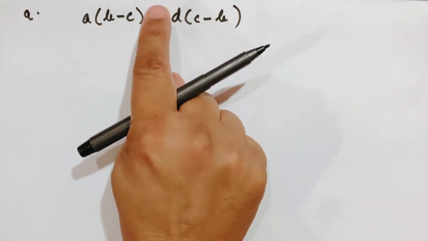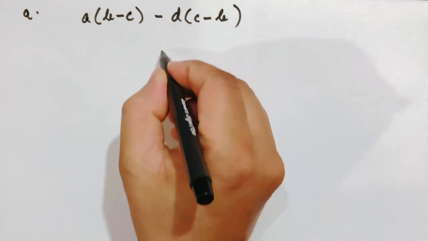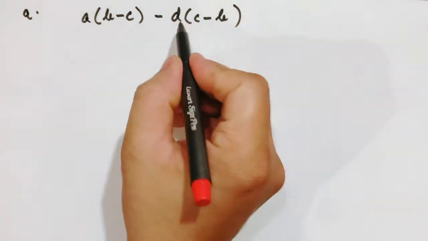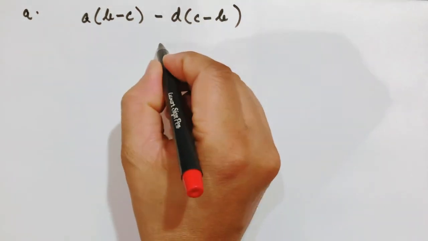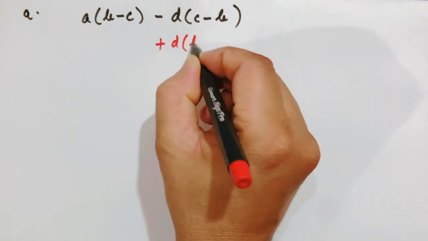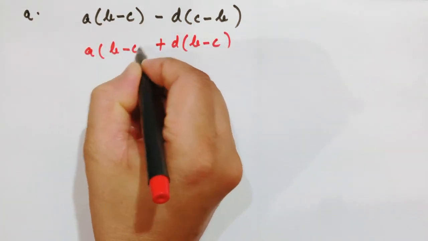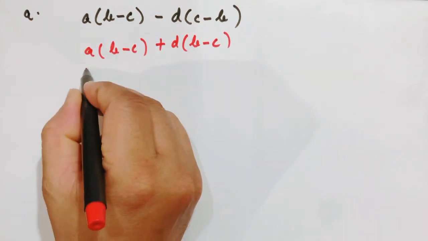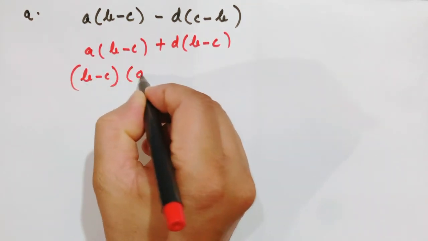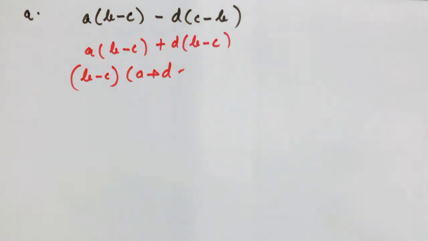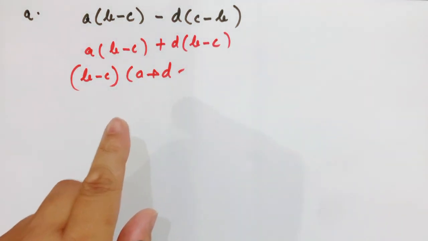So this minus will become plus because I have taken minus sign out, and here you will have b minus c. चलो, a plus d. Similarly, when you will take b minus c as common, you will get a plus d. काम खत्म. ठीक.